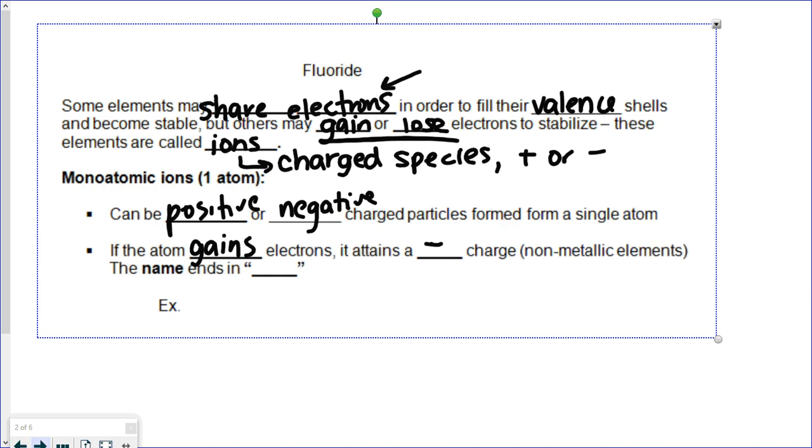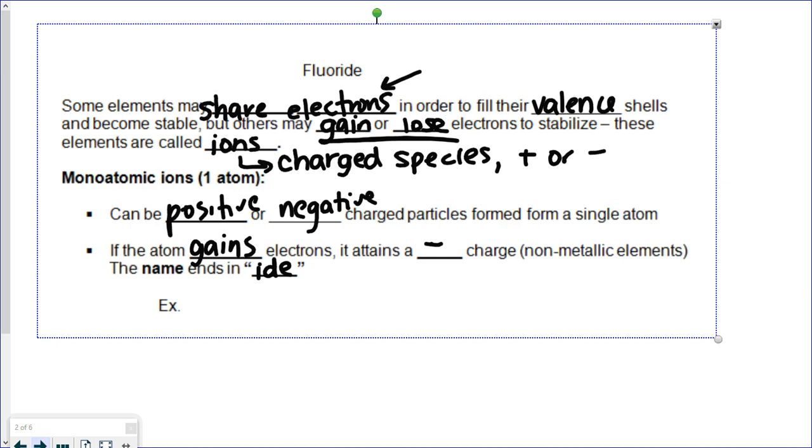And so what you see is the ending of those when they're in their ionic form, they end with IDE. You have them in your periodic table, so if you don't remember, nitrogen doesn't become nitrogenide, it becomes nitride, but it is in your periodic table.